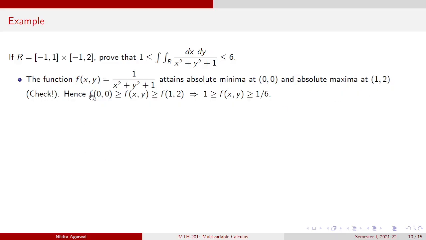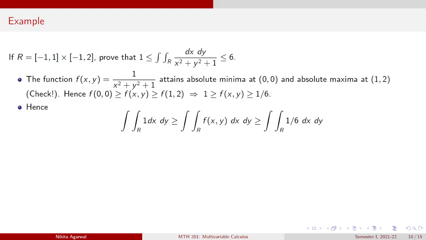So therefore f(0, 0) is greater than or equal to f(x, y) and that's greater than or equal to f(1, 2). And at (0, 0) the value is 1, at (1, 2) the value is 1/6. So this is the relationship you get. Now you take double integral on all the sides. So you get this.